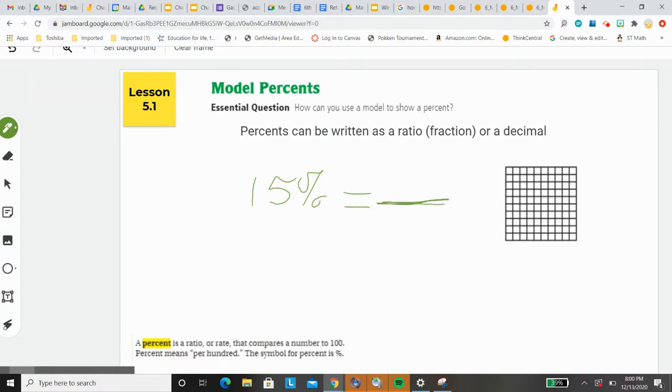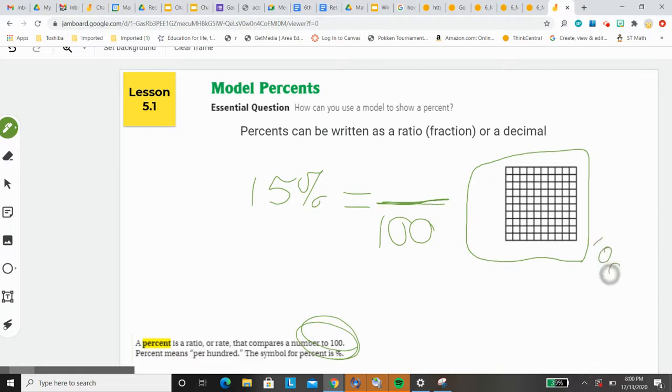Now we said that a percent was a number per 100, so I'm going to put a 100 on the bottom. That means there have to be 100 pieces when I have a percent. So when you look at this box right here, you will see that there are 10 rows and 10 columns. That means there are 100 pieces.